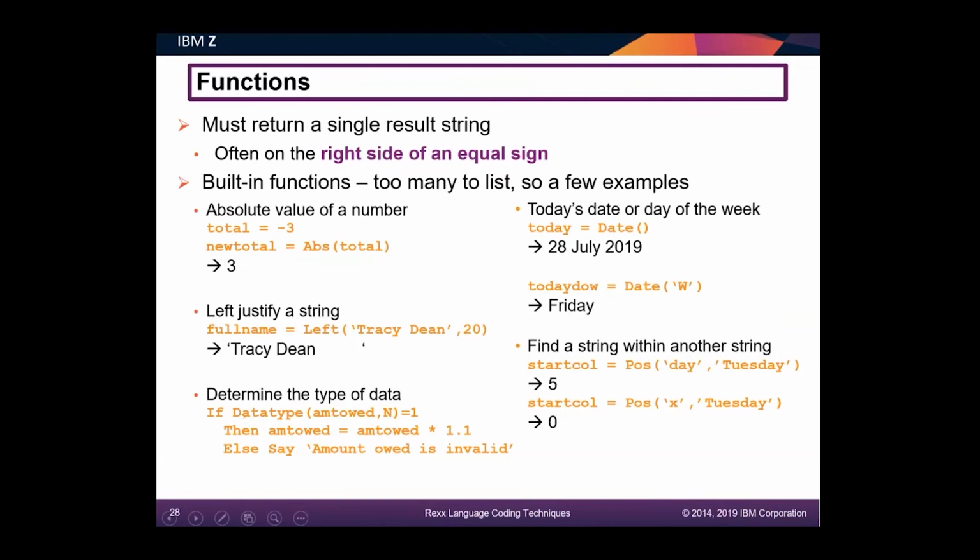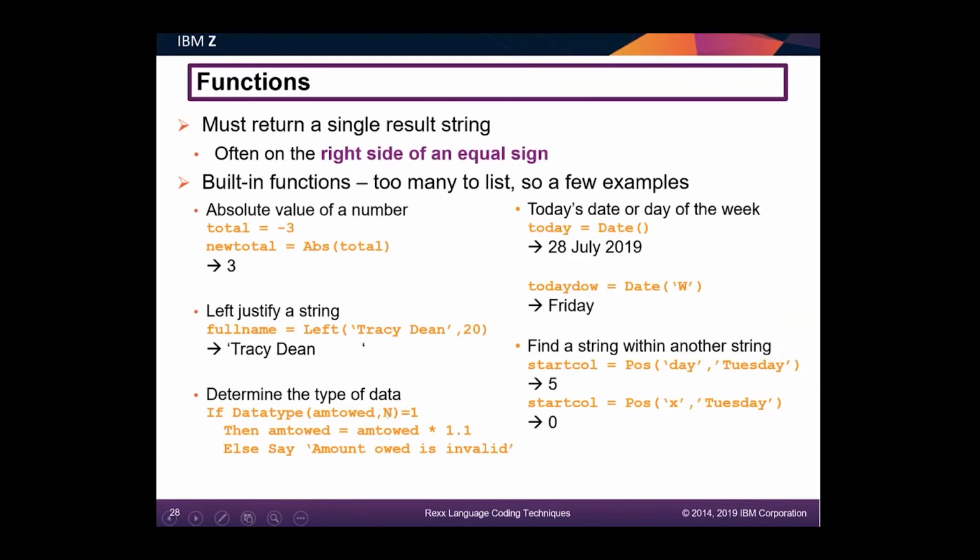Now I'm just taking the value of this function, I'm comparing it to the number 1 and taking some action based on that in my if-then-else statement. So in this case, data type, the value I passed it is amount owed. I'm taking the value of that variable. And I'm asking Rexx to tell me, is that a number? That's what the N means. It says, is amount owed a number?